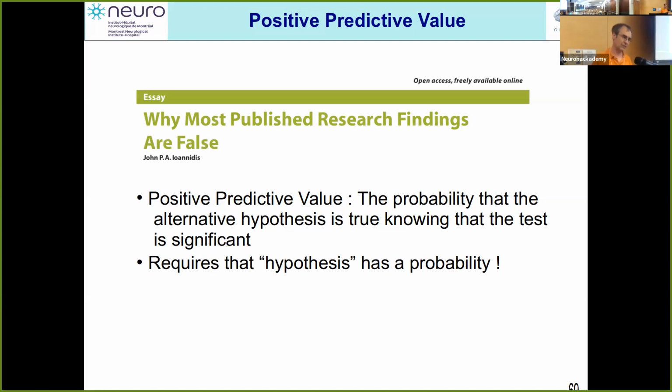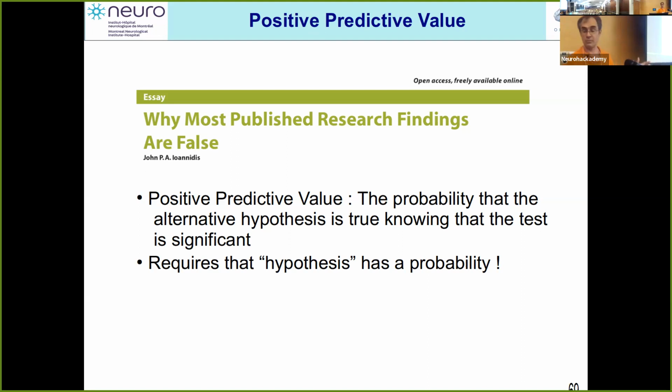So I have a significant test. Is my alternative hypothesis actually true or not? And what is the probability of that? First of all, it's a change of paradigm compared to classical statistics, because you have to make hypotheses probabilistic things.